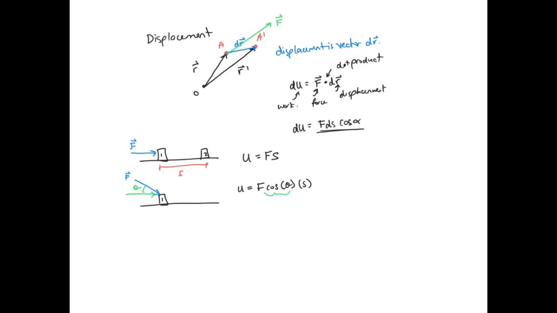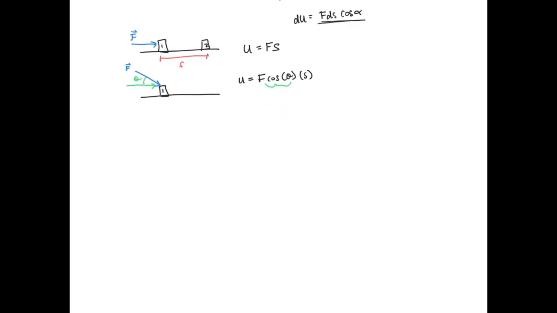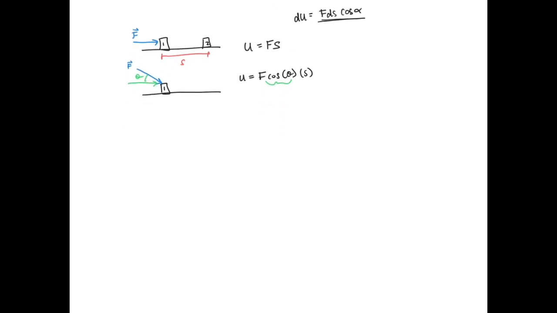Another note, I'm going to move this up just a little bit, is that it's only the line of action that counts. So let's say our block was initially on a slope here. Our block is here, and we have a force coming in at some angle to push on the block. Now we have two angles, right? We have this angle here, which I'll call beta, and then we also have this angle here that I'll call theta.